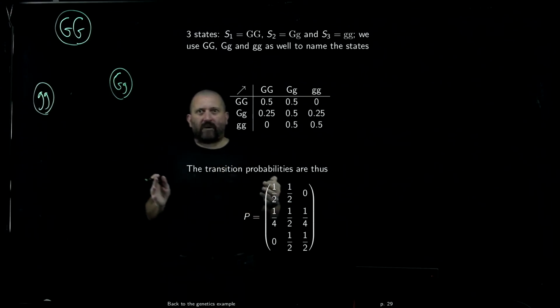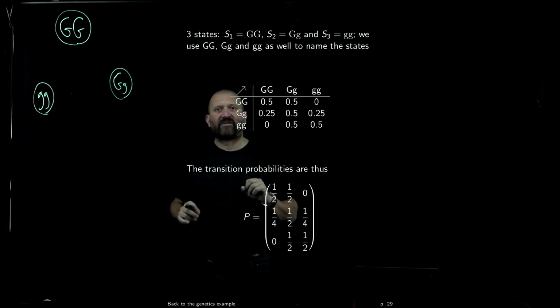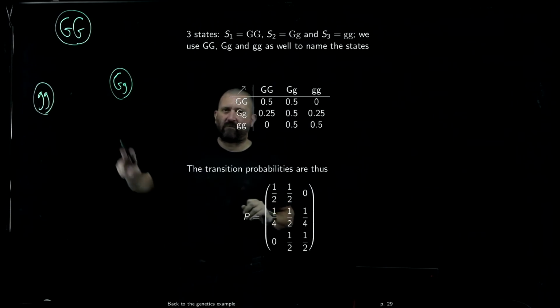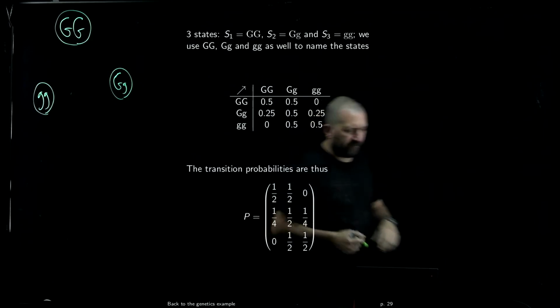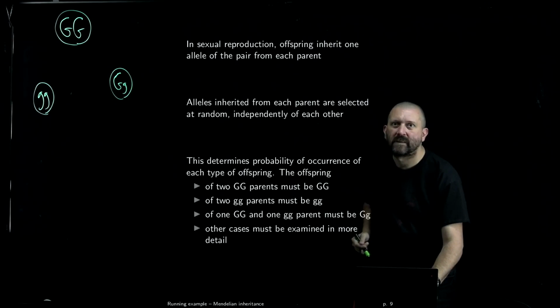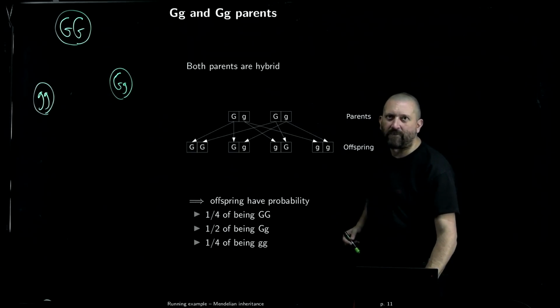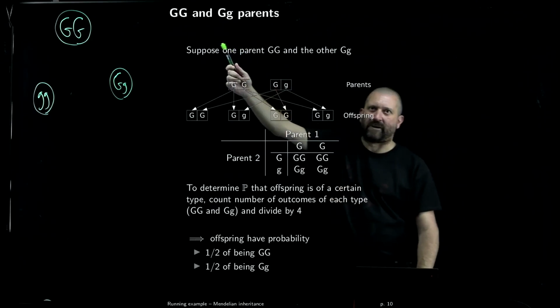And what I say is, okay, I'm going to pick one of those guys at random, and I'm going to see what happens when I mate them. And so you have to go back to when we computed the probability. So here the idea is what happens. So if you go back, let me go back. These were the things. So remember that we considered exactly the situation that we're looking at here.